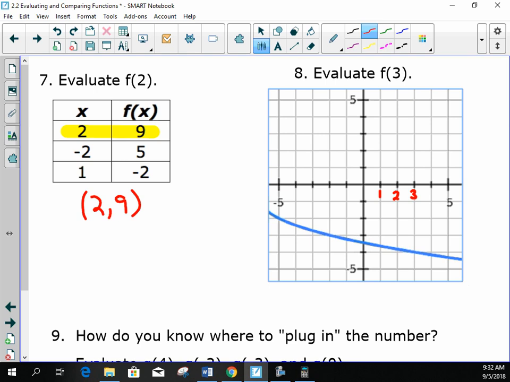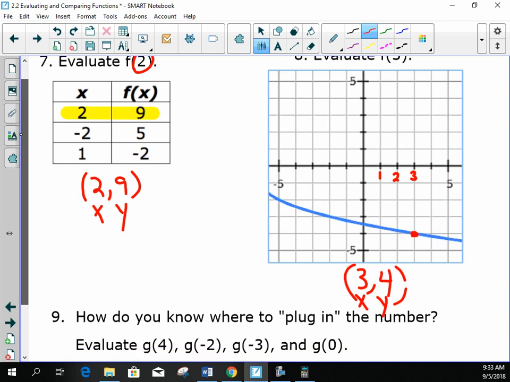So f of 3 is right here. So here, f of 3 is at 3, 1, 2, 3, 4. Okay, this is my x value, this is my y value. 2 is my x value, then I find my y value.